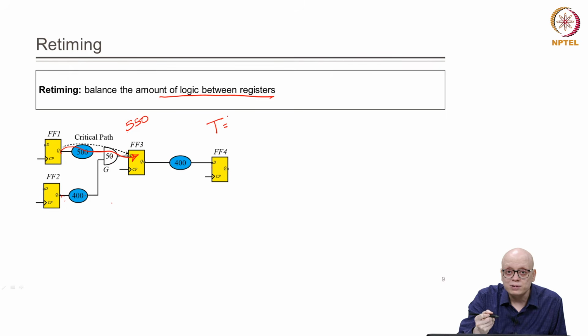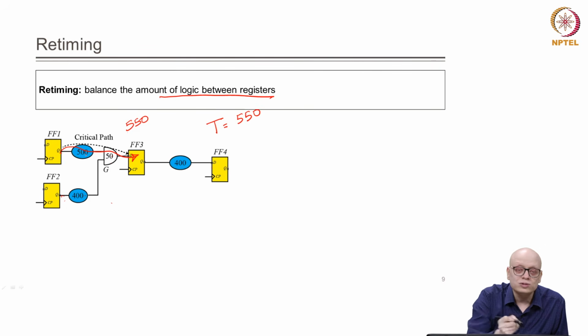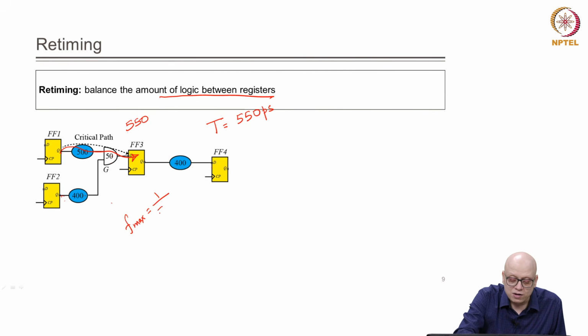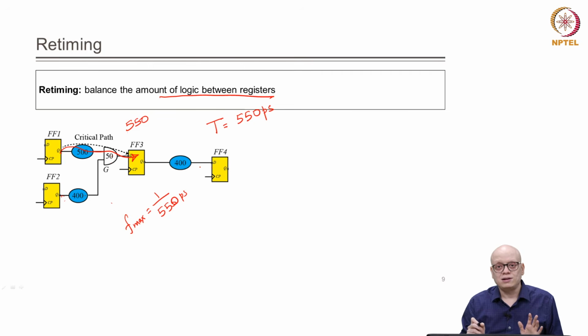The minimum clock period will be T is equal to 550. Let us assume that the unit of time is picosecond. So, it is T is equal to 550 picoseconds, and the maximum frequency at which this circuit can operate is 1 by 550 per picosecond, and that will give us a clock frequency.